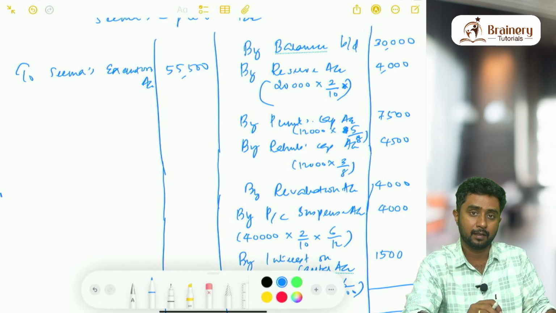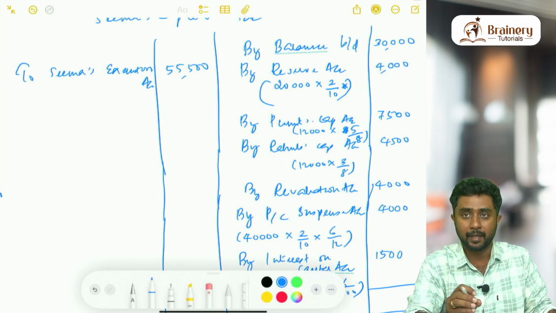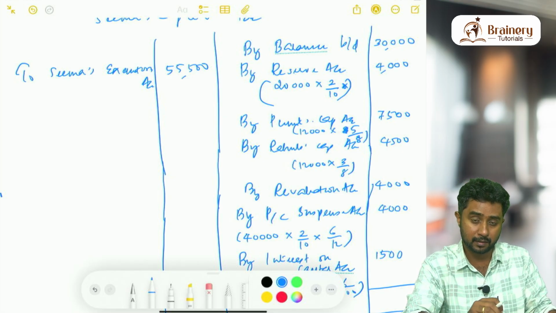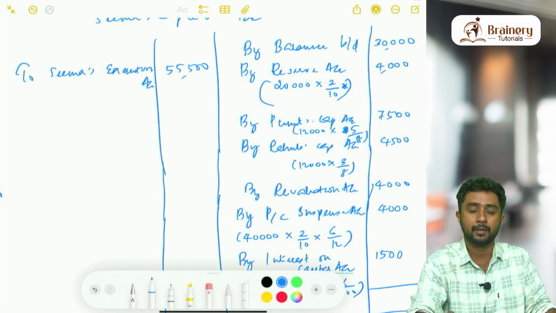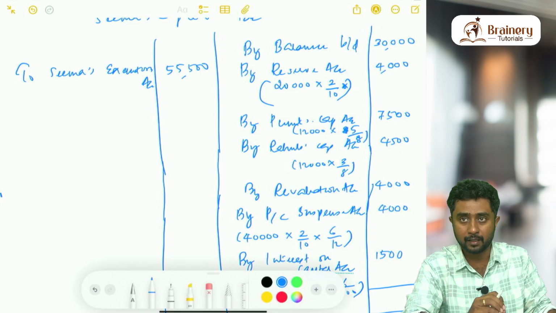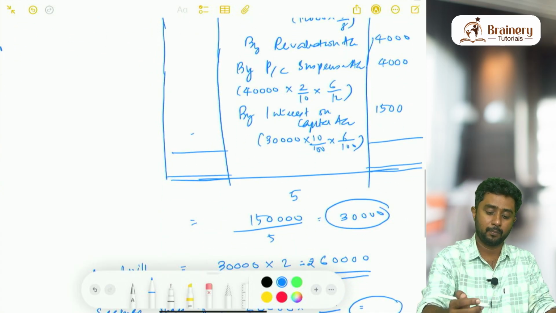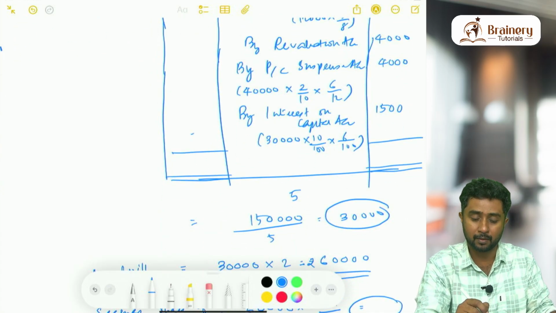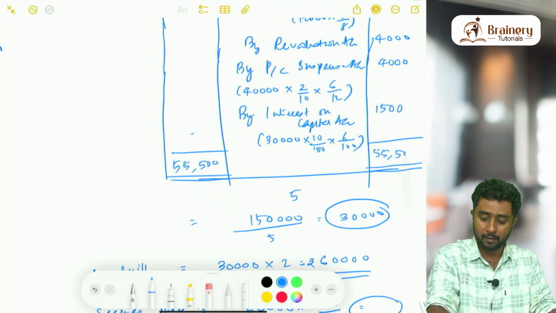In the death of a partner, if any payment is made immediately to the executors, the payment entries will be recorded in the executors account, whereas in the case of retirement, when we pay some amount immediately to the partner, we record it in the partner's capital account itself. Here there is no such recording of payment in the partner's capital account, as it is death of a partner. So in total we are recording 55,500 here.